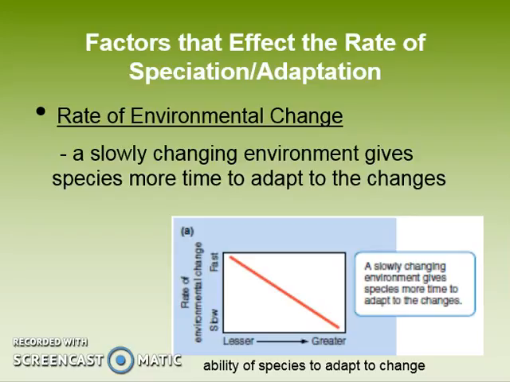Animals can adapt, but they adapt slowly. So if your event occurs slowly, the chances are your animals and plants will be able to adapt to the new situation. If an event happens fast, like a volcanic eruption, the plants or animals have basically no time at all to adapt to the new environment. So chances are they're going to be eliminated.